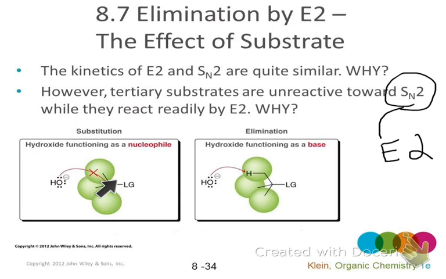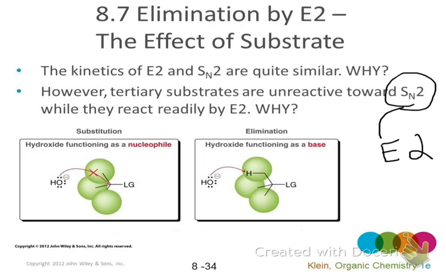But look what happens in elimination. In an elimination reaction, it doesn't have to get to this carbon. It's like a long range SN2. It could take a hydrogen that's away from the leaving group on the beta carbon and cause the reaction to happen.